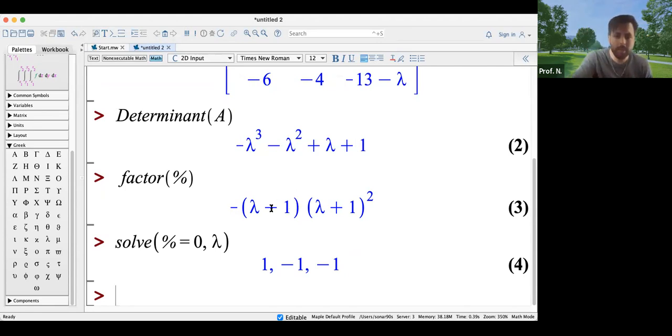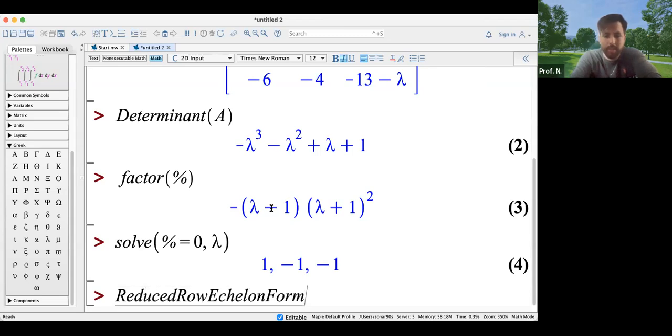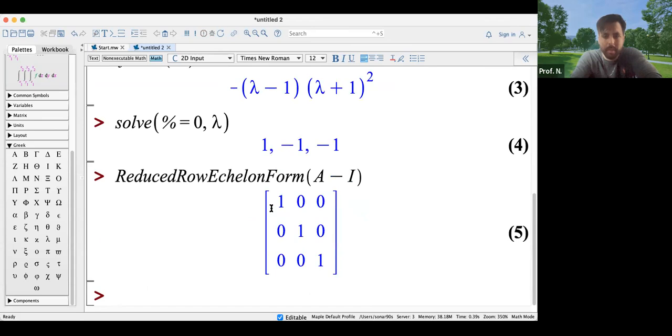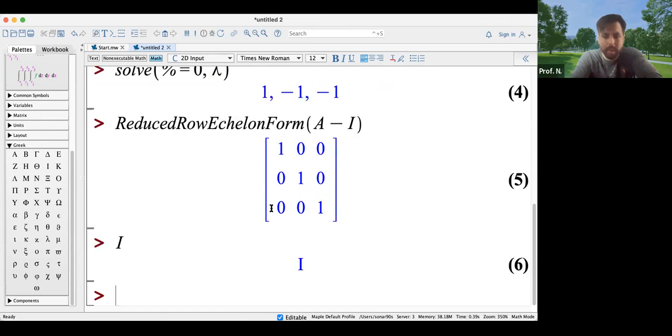Okay, so then I'm gonna do, but see, this is a little clunky though. You actually have to write out reduced row echelon form of A plus minus I. See what I is.